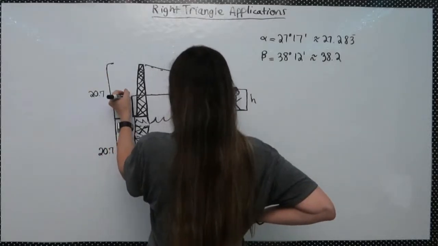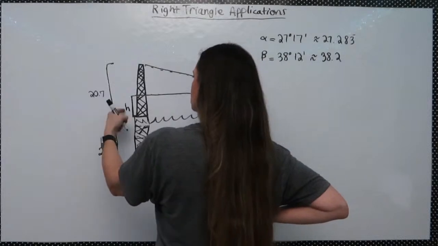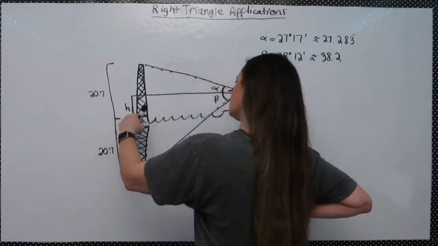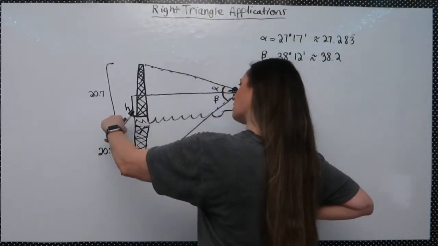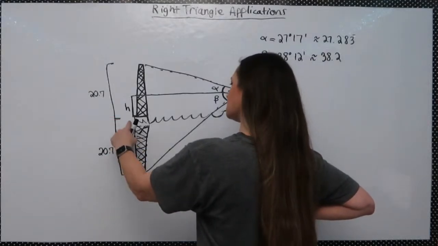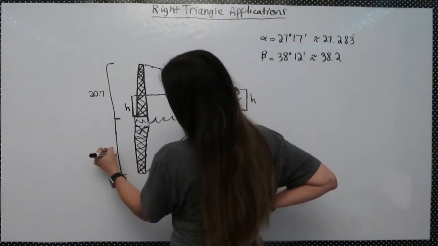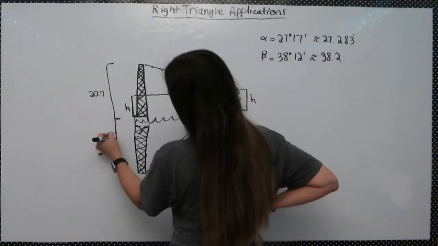Because of the person standing here, we're going to have to subtract the height from above water level, and then we're going to have to add it here. 20.7 is about right here.